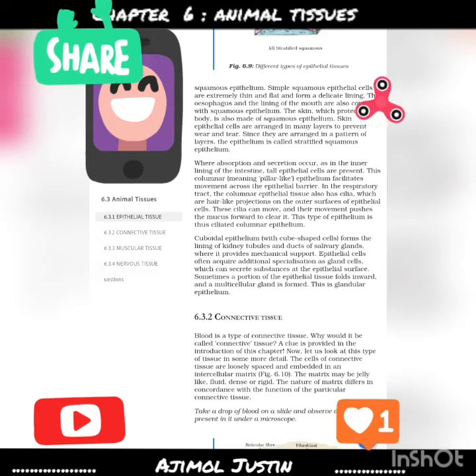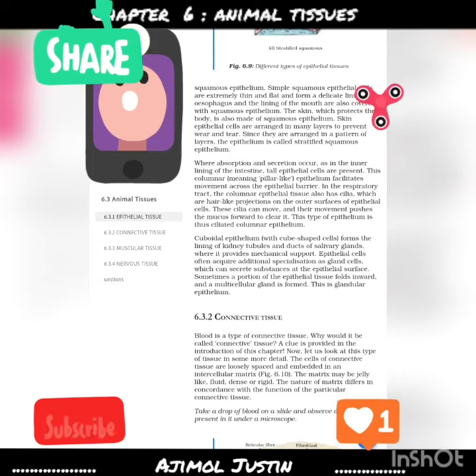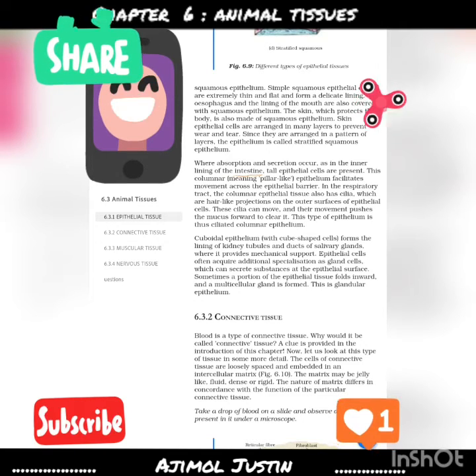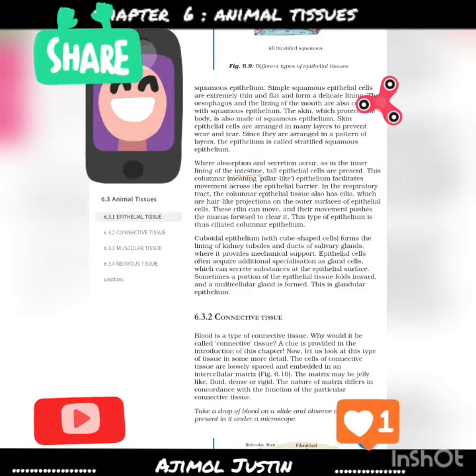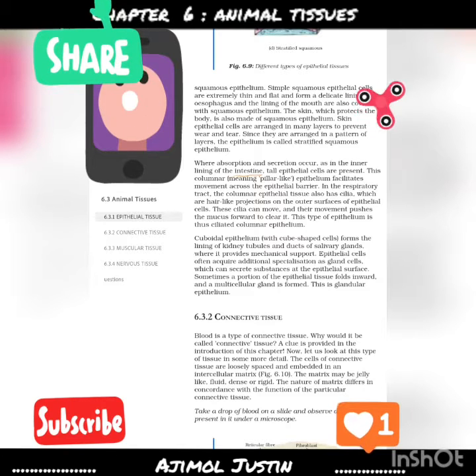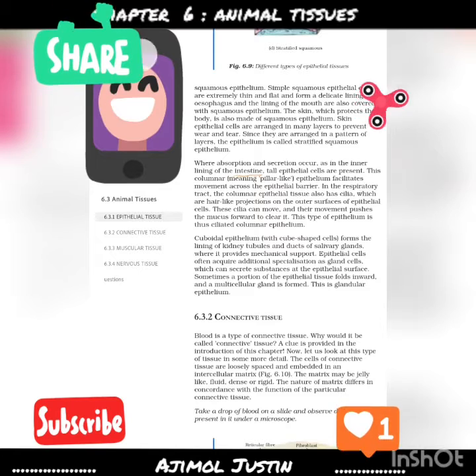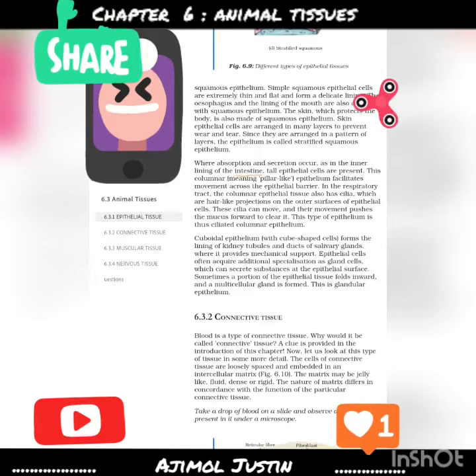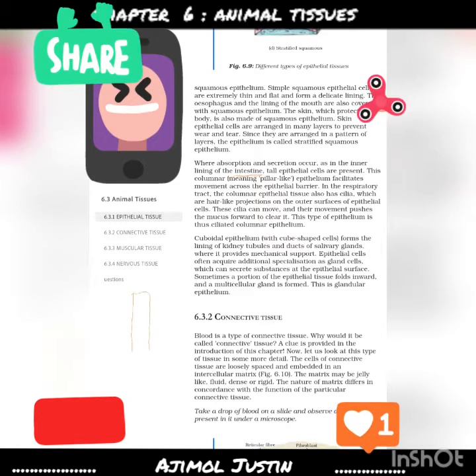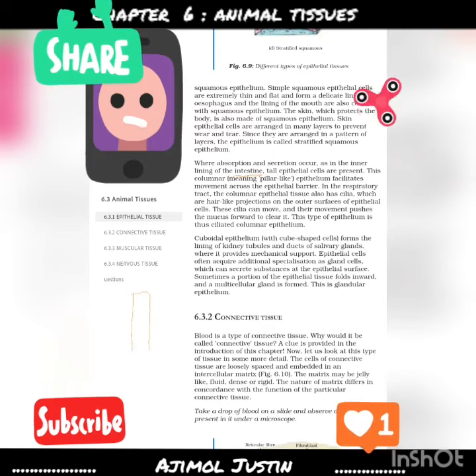Where absorption and secretion occurs, as in the lining of the intestine, tall epithelial cells are present. Now, earlier we learned about simple epithelium, then layered epithelium, which is called stratified epithelium. Now here a different type is there, which has tall epithelial cells.